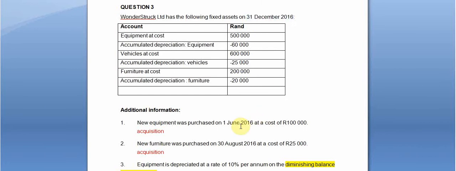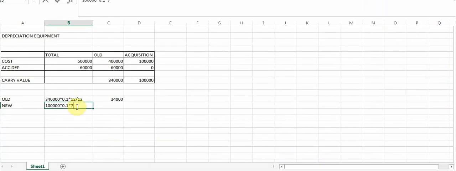So if you count with me, you will agree it's on the 1st of June. So I could use it in June, July, August, September, October, November, and December. So that gives me a total of 7 months. So I'm going to say 7 over 12. If I calculate an answer for depreciation for the acquisition, I get to a total answer of 5833.33, and just for practicality I will round it to the nearest Rand.